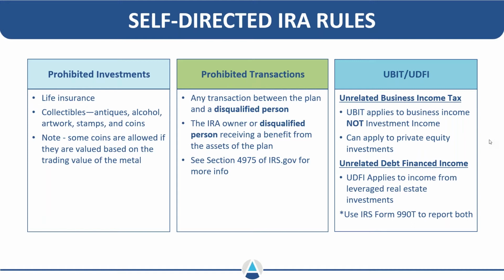Something that I'm not going to go too far into, though, is things related to unrelated debt-financed income tax and unrelated business income tax. What I really like to broadly hit on with that is most people are familiar with real estate in the context of you buy real estate, you get a loan for part of it, and you put a down payment on it. When we're talking about buying real estate for IRAs, the majority of the time we're talking about the IRA purchasing the investment with cash.